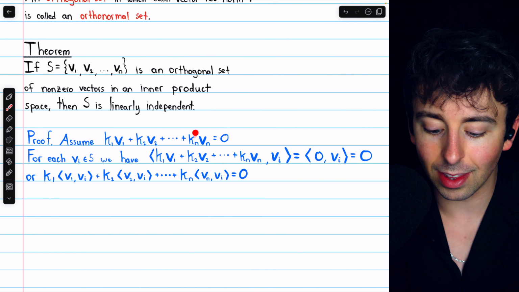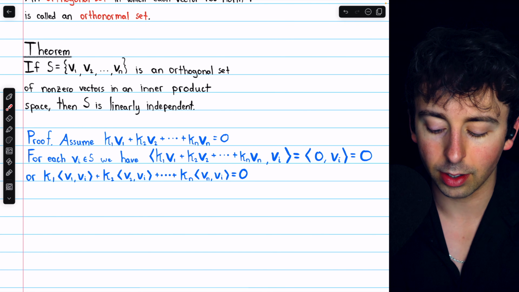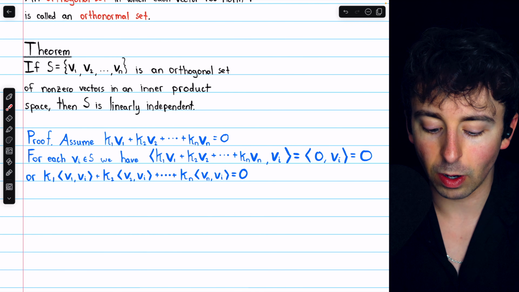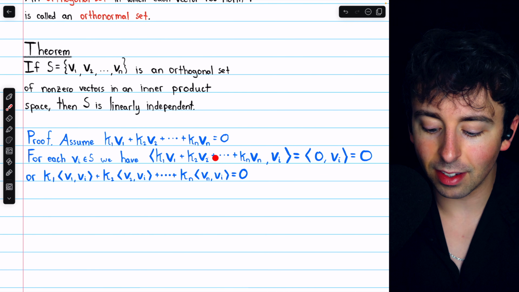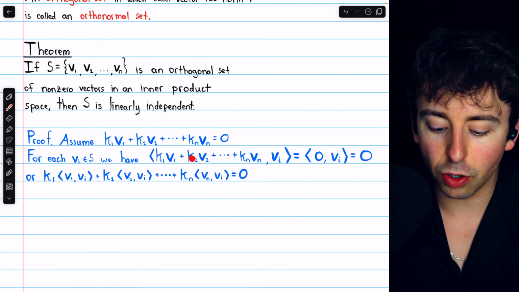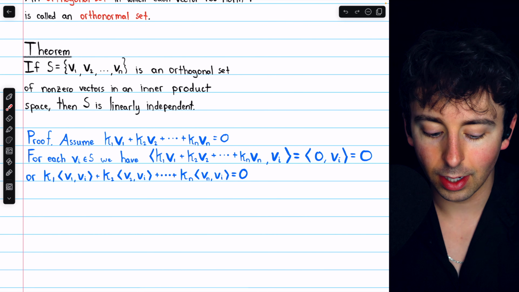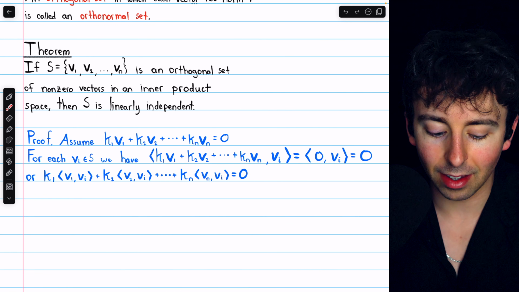Now, if we're assuming that this linear combination is equal to 0, then this on the left is 0, and we know that the inner product of the 0 vector with any other vector is equal to 0. But then we can split this inner product up across the addition. We can take each term from the linear combination and pair it with vi in its own inner product. That is, we can write it like this.